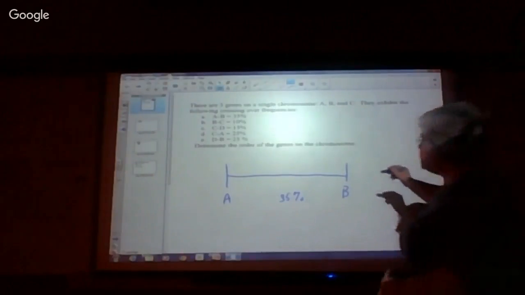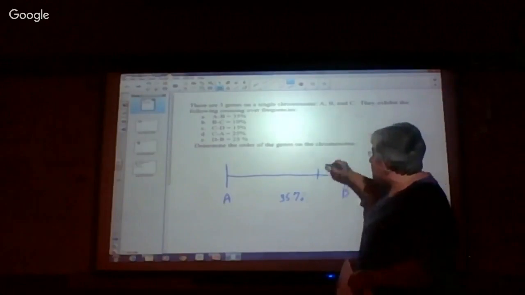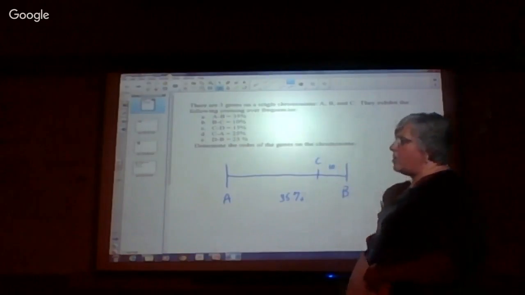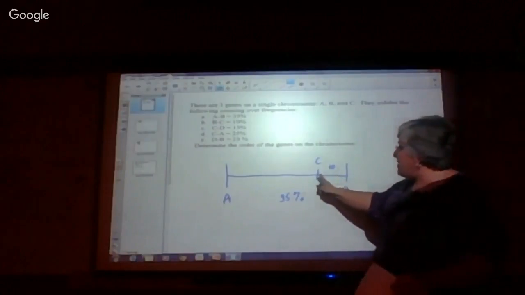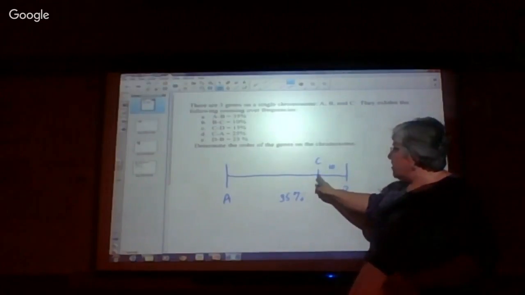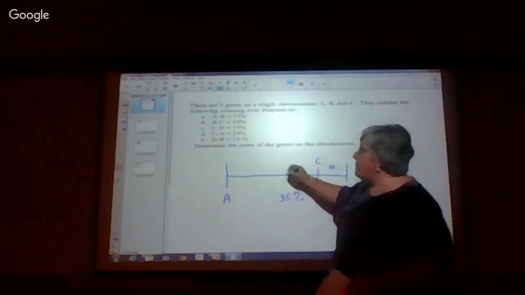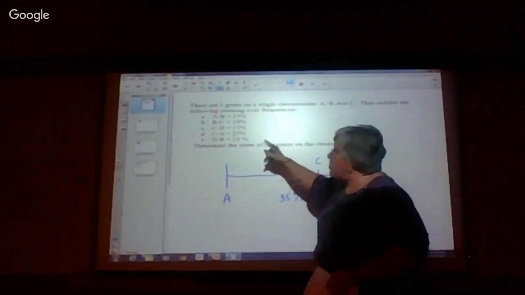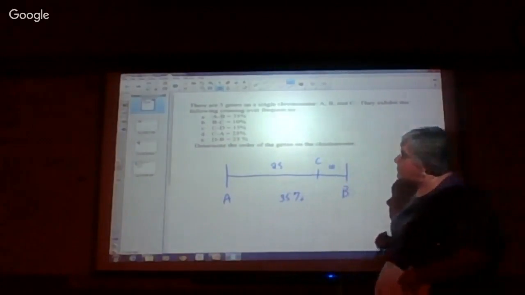So we want to put our C 10 map units in from B. All right, and so we're just going to label that and put our 10 map units. Okay, and so if we subtract that 10 map units, then between A and C, we have what? 25. All right, and we notice that between A and C, we have 25.